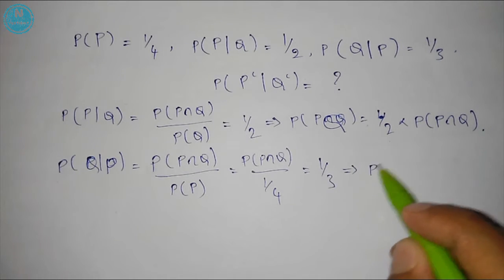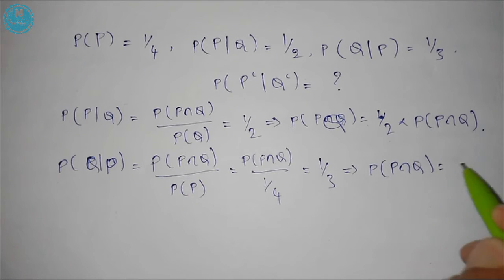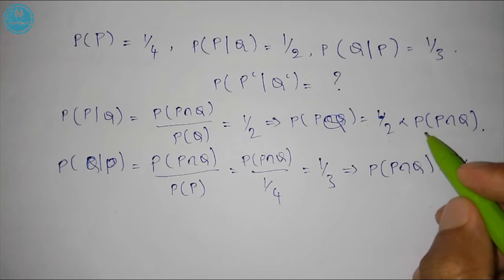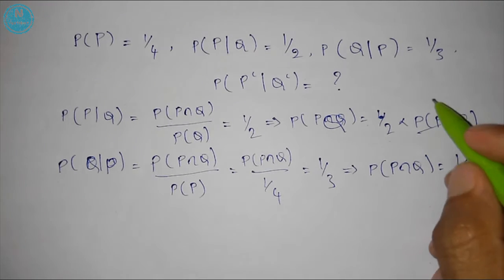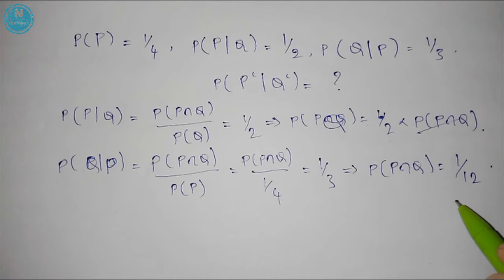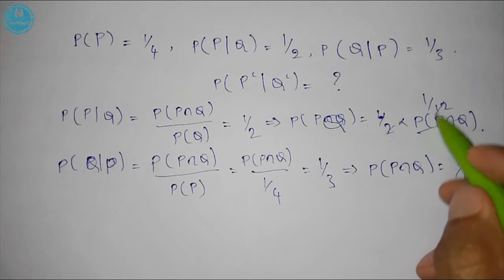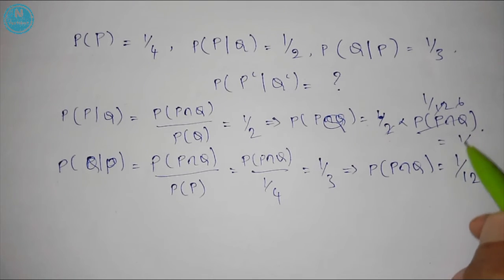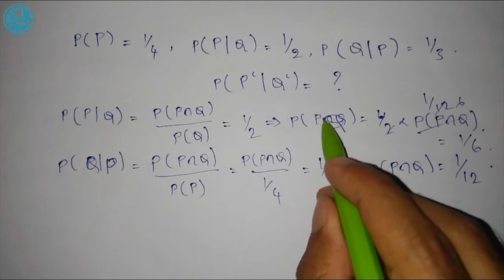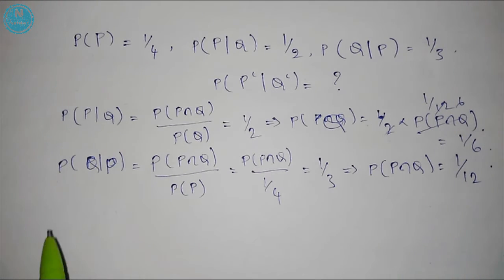So then P intersection Q is 1 by 12. Then we apply it in this place, 1 by 12 into 2, 6, means it is 1 by 6. Probability of Q is 1 by 6.